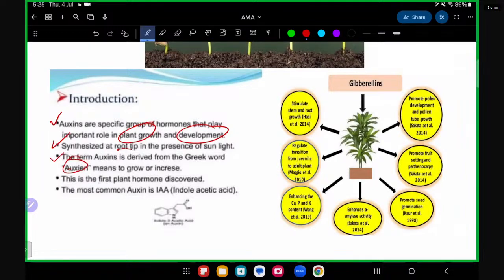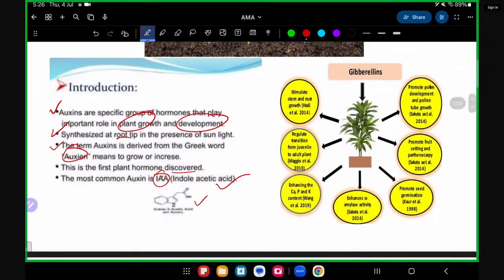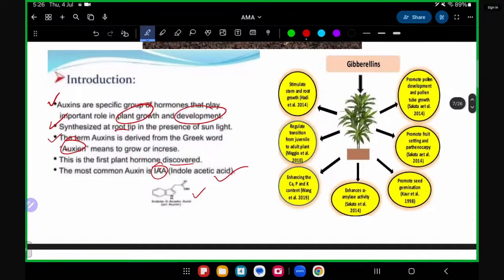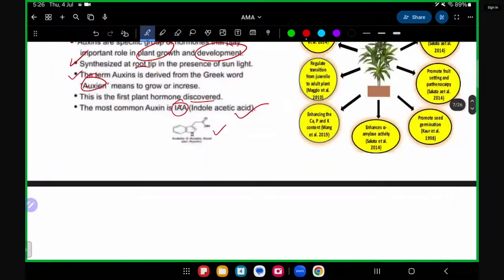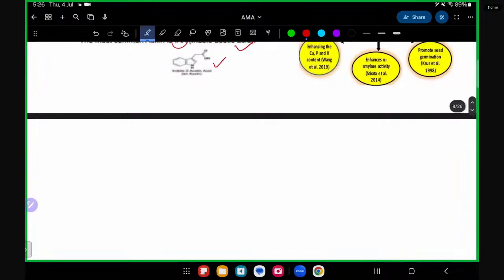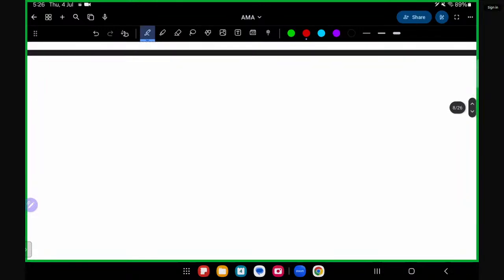Fourth is, it is the first plant hormone to be discovered. The most common auxin is IAA, that is indole acetic acid. This is the chemical formula which you need not know. Then we'll know the functions of auxin. These are the main functions of auxin.